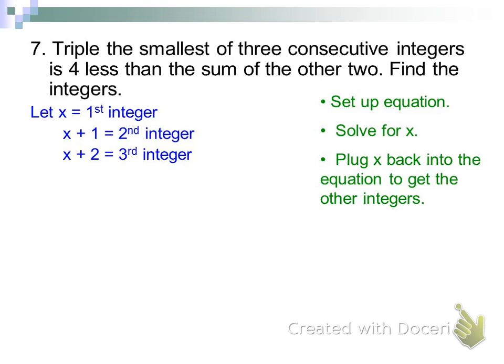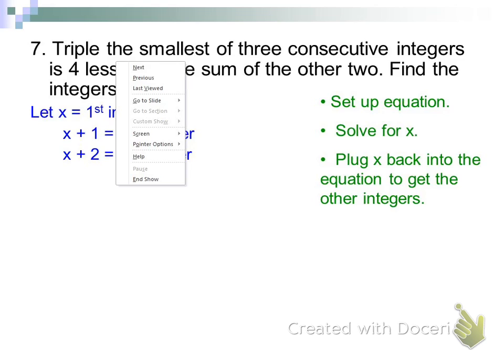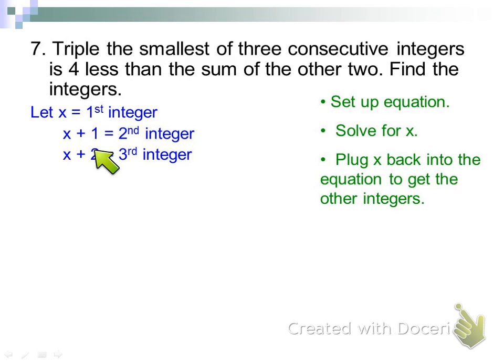Everybody still with me? What do I want to do to the smallest one? Yeah, I want triple the smallest integer is. Okay? So triple the smallest integer is, so that's going to be 3 times x.